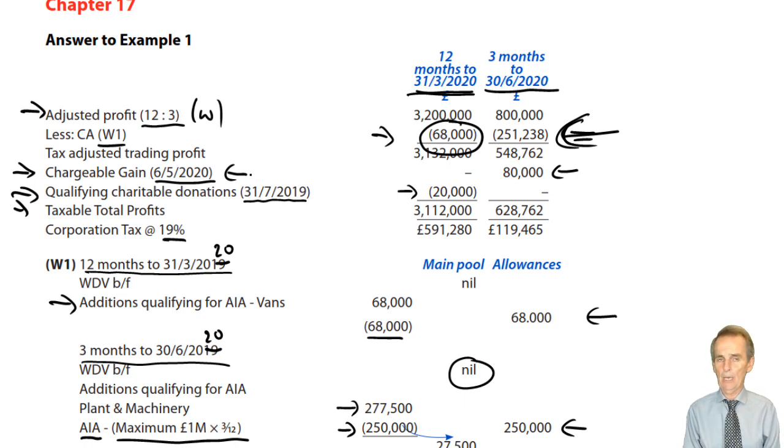Remember from your income tax studies that if you have a trading loss, or indeed as we saw in chapter 16, a property income loss, the assessment to record on the computation is nil. And we separately then identify, in the case of trading losses, which reliefs are available, and of the reliefs that are available, we then select the loss reliefs that will use that loss in the most efficient way.